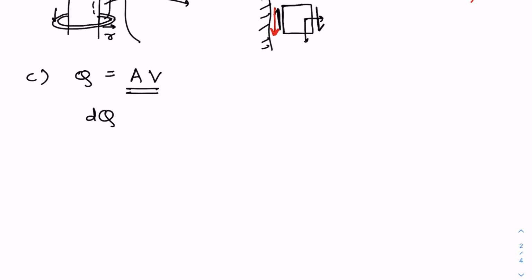Let's say this ring is at a distance r, then dQ passing through that small ring will be uz at r multiplied by the area of that ring, which is 2 pi r dr. 2 pi r is the circumference and dr is its thickness.